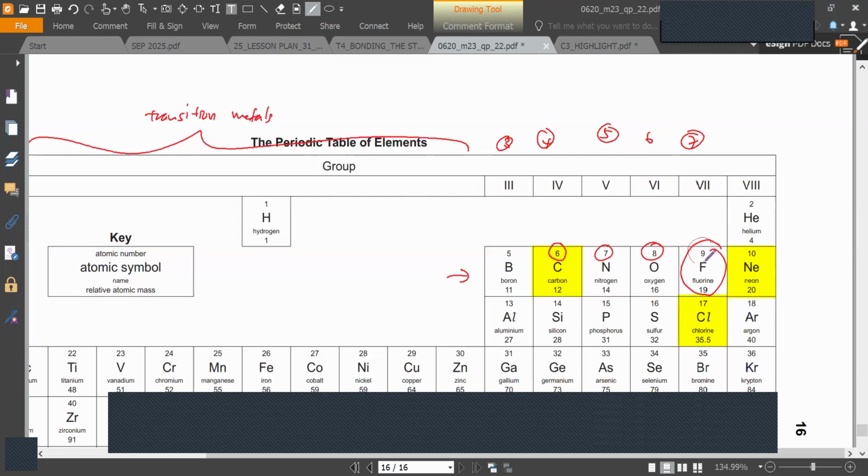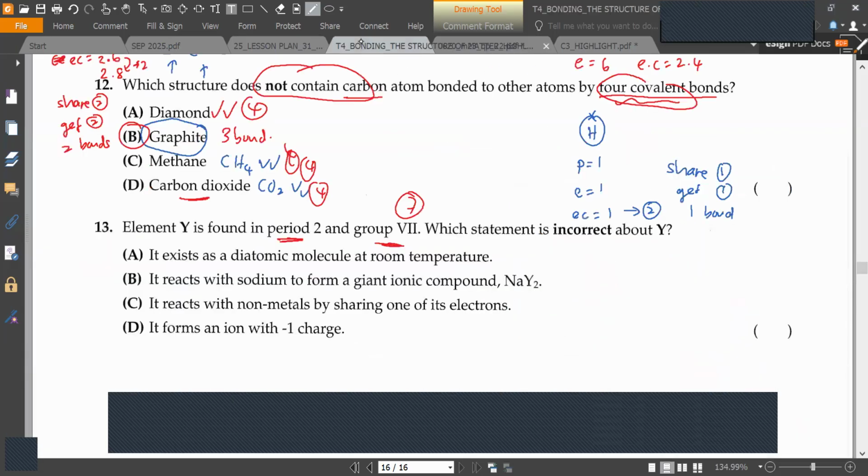Proton number is 9. Fluorine: proton 9, electron 9, electron configuration 2, 7. It's in group 7. It exists as a diatomic molecule at room temperature.